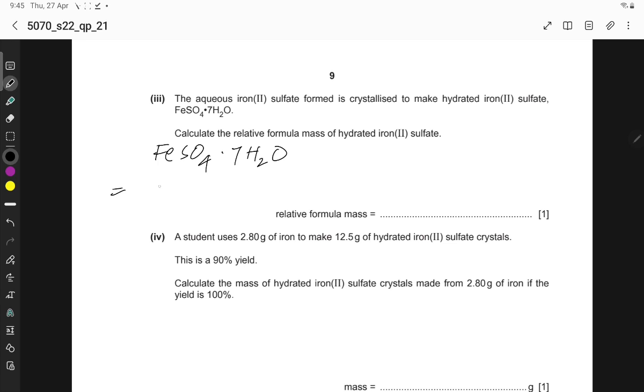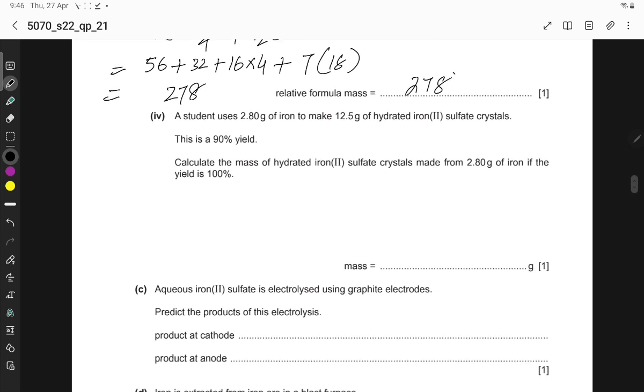Iron is 56 plus sulfur is 32 plus 16 into 4 plus 7, and water Mr is 18, and this is equal to 278. The relative formula mass is 278.